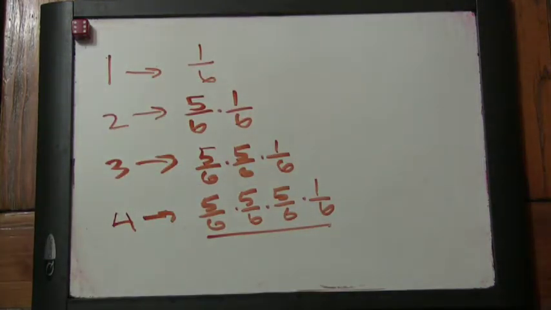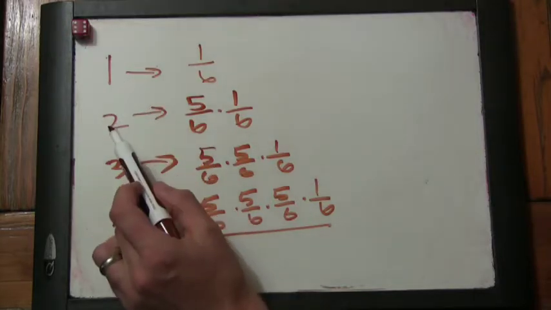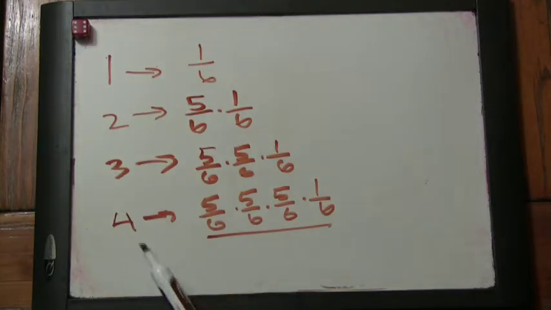Unfortunately though, that is going to tell us the sum of the probabilities for getting it on the first one, the second one, the third one, the fourth one. So that's going to add up to 1.